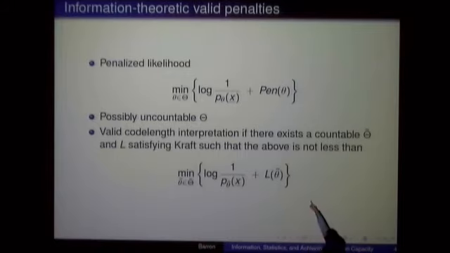So if I can verify for some other penalty minimizing over a continuum that the resulting minimum penalized log likelihood is bigger than or equal to this, then that value is also Kraft summable.